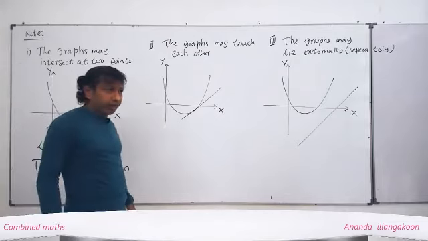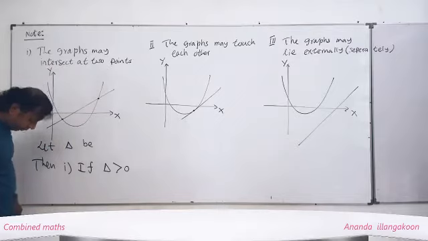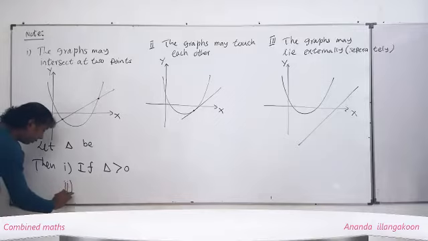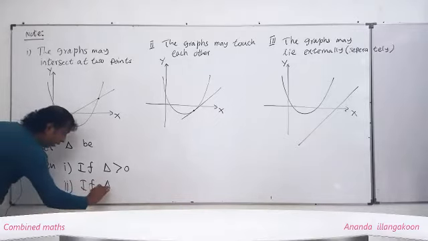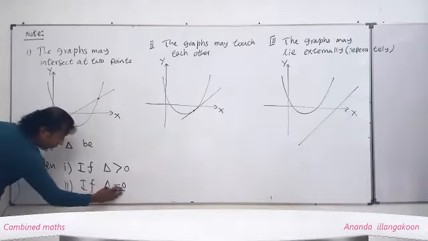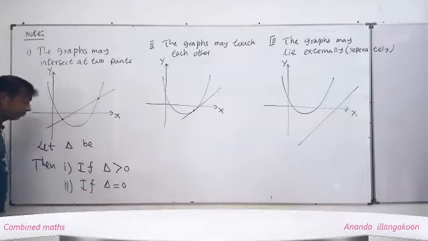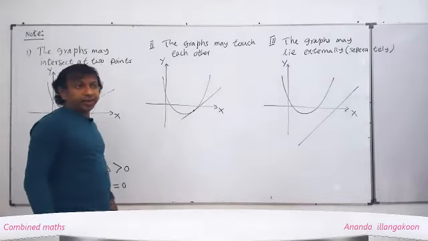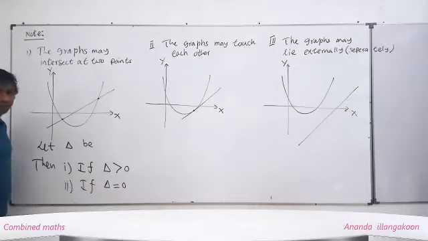Write down: the graph and the line intersect each other. If delta equals 0, the graph and line touch each other.